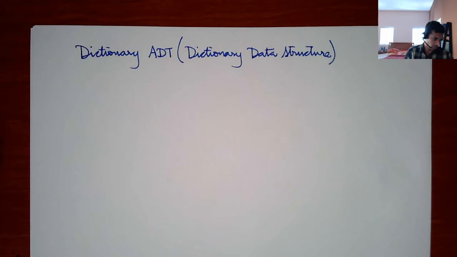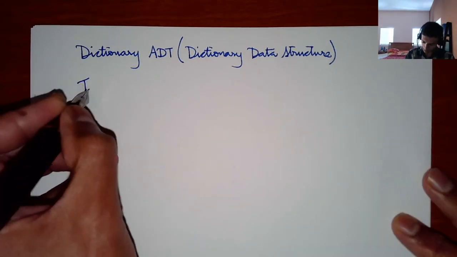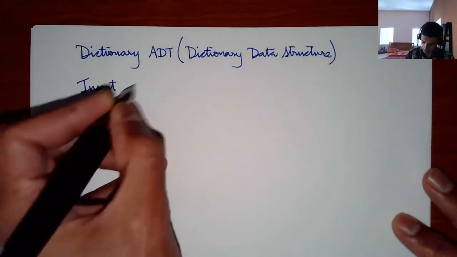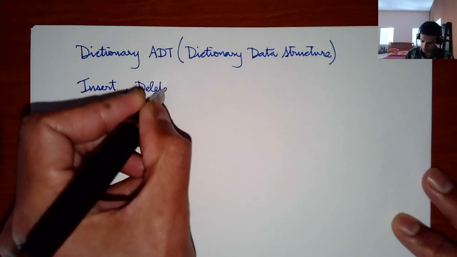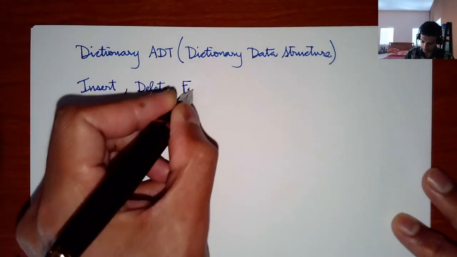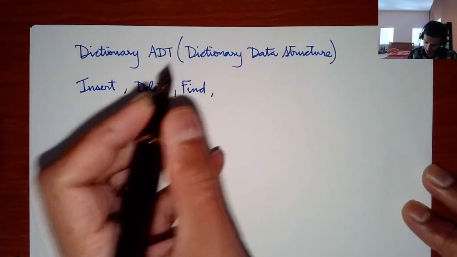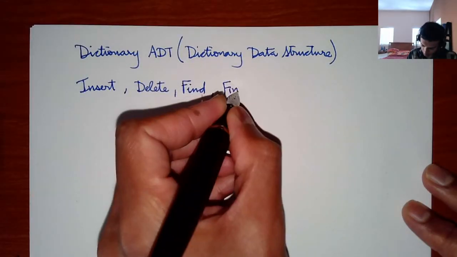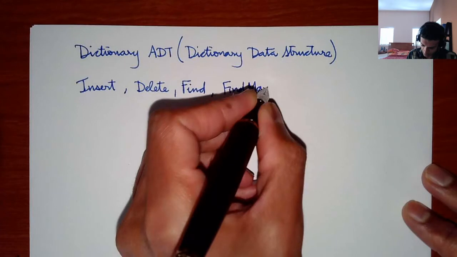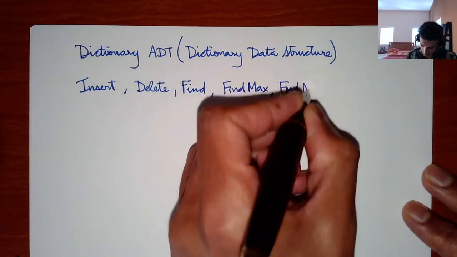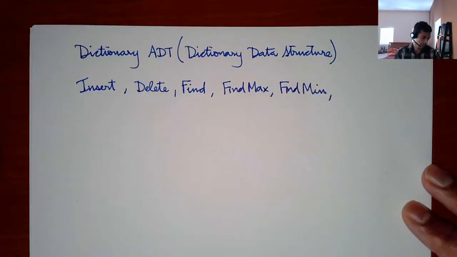So this is a data structure which supports all the following operations: insert, delete, find, which is what a list could do. But then you can also do find max, find min.